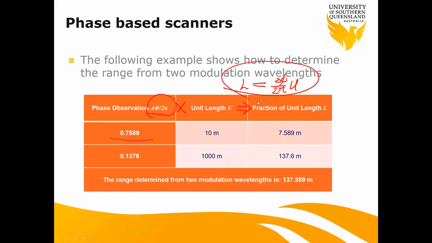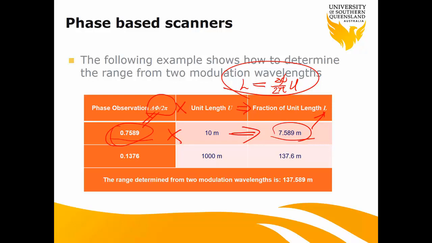This is what the formula tells you. And this one we can get from your measurement. Then multiplying by this, we get the fraction of unit length L. So this one is the L shown here, from the high frequency or short wavelength.